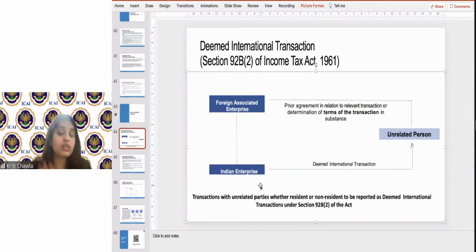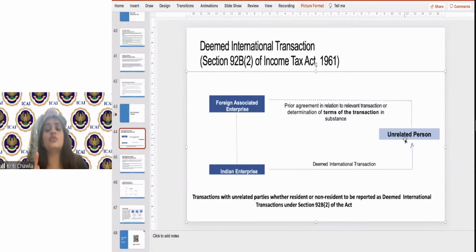So they said that we know that this is not an international transaction, but we'll call it a deemed international transaction. And even within this particular transaction between the Indian enterprise and the unrelated person, transfer pricing provisions will be applicable here. They were transacting with this unrelated person so as to circumvent the law.